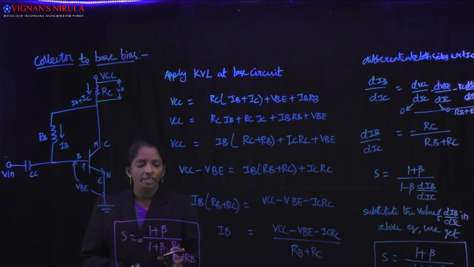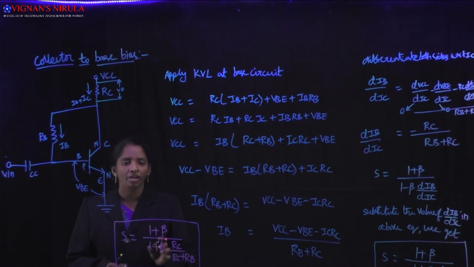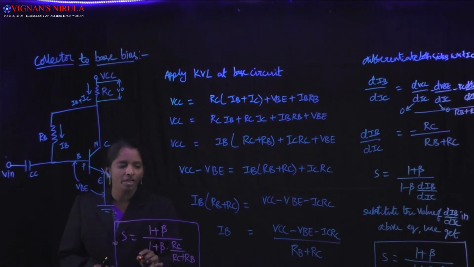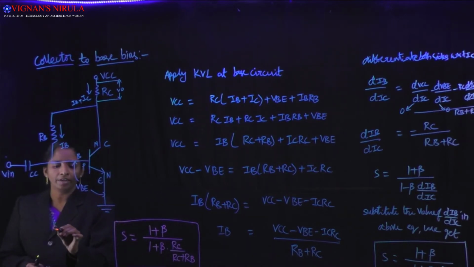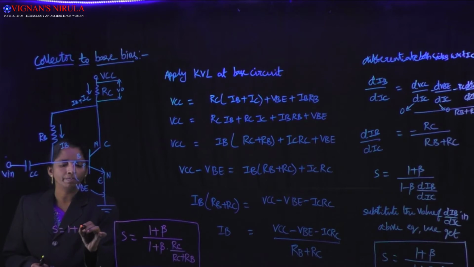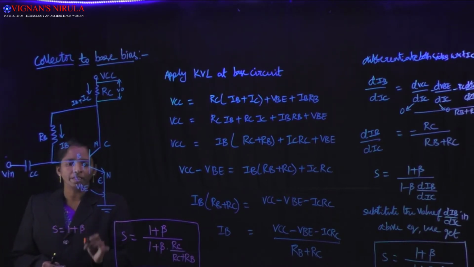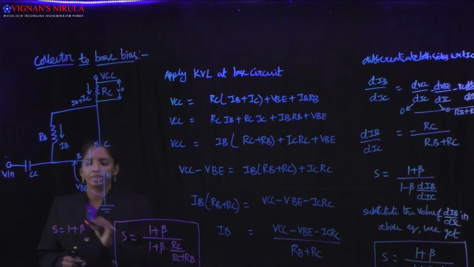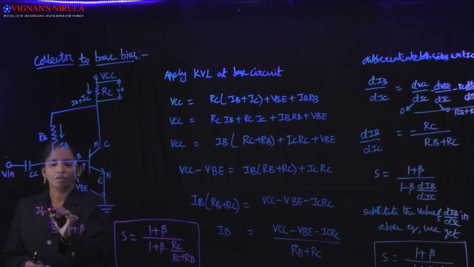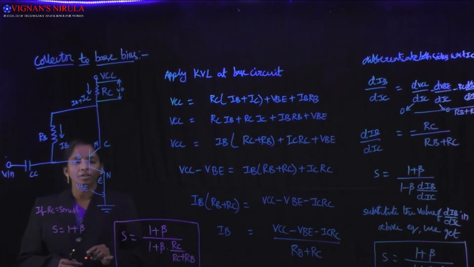In this equation, if RC is large and RB is small, then we get a small stability factor. If RC is very small, then S equal to 1 plus beta by 1 plus beta, so S equal to 1 plus beta.